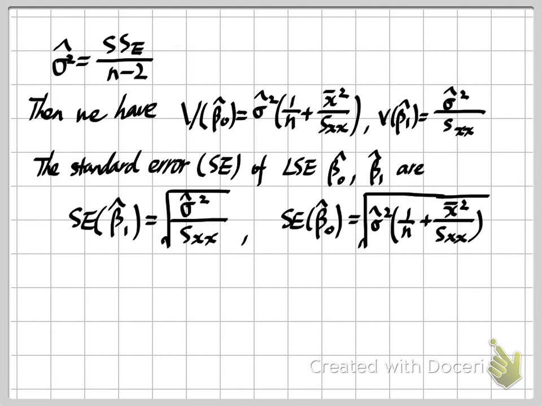So this is the property of the least square estimators of beta 0 and beta 1. Based on our estimator of sigma, we can also rewrite this equation with sigma hat.